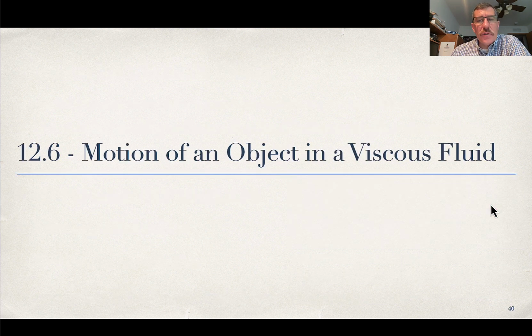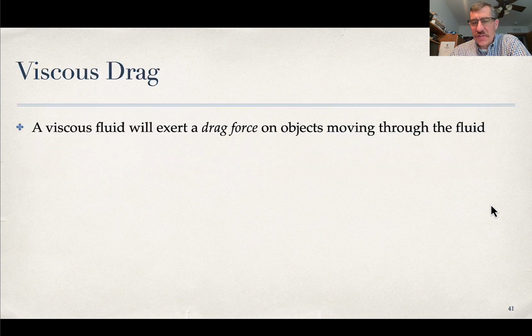Okay, now finally, real quick, chapter 12.6, again, motion of an object in a viscous fluid. We can actually calculate a viscous drag. If you think all the way back, chapter 4 or 5, somewhere in there, we were looking at drag forces, and we had some equations for them.